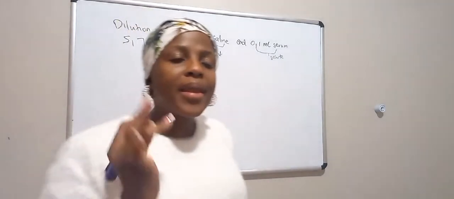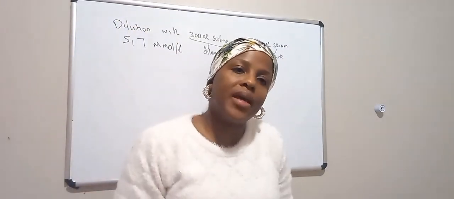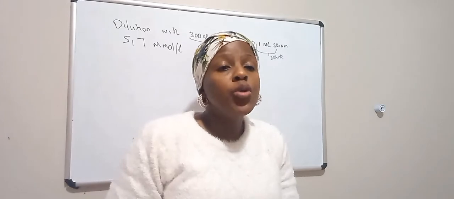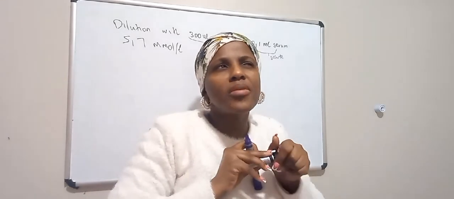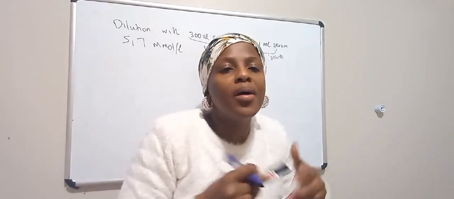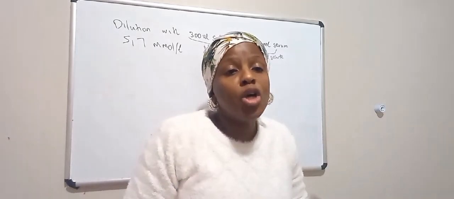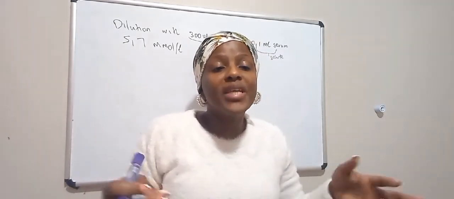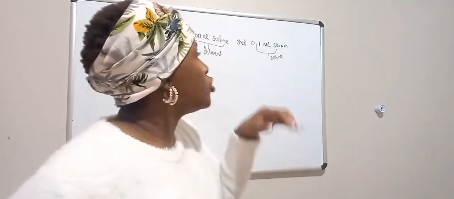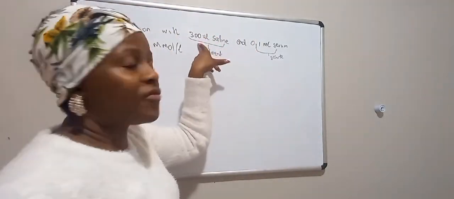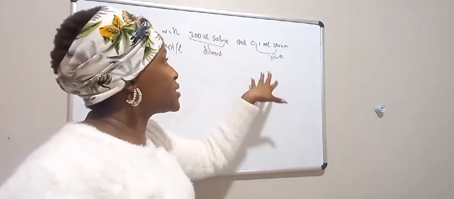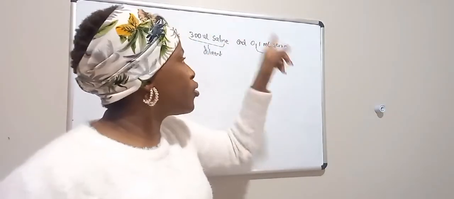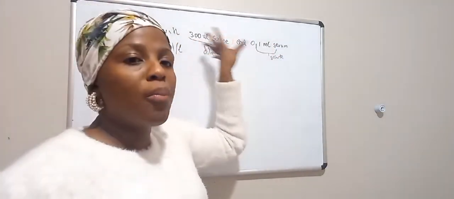And another important factor here is that with mathematics, you cannot always work with units that are not the same. So the first thing that you always have to do is to make sure that your units are the same. In this case, you can choose whether you convert your microliters to milliliters, or your milliliters to microliters.